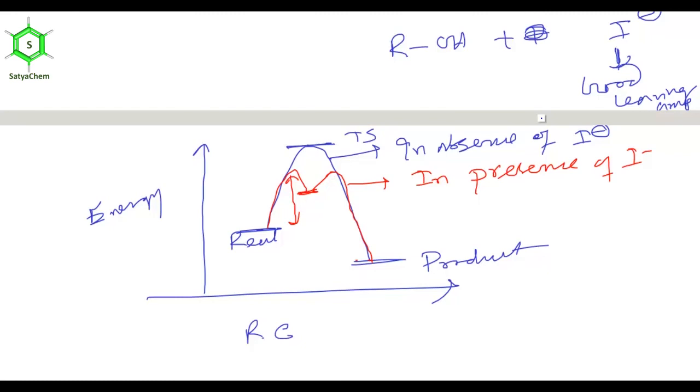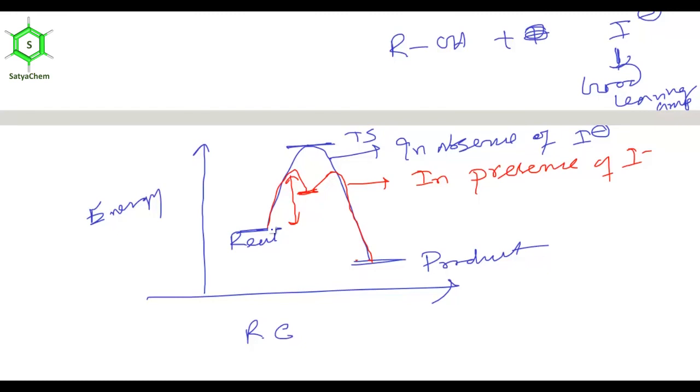You can consider that I minus acts as a catalyst, because it lowers the activation energy. See, it lowers the activation energy compared to the reaction without I minus. Is that clear? I think it is clear.